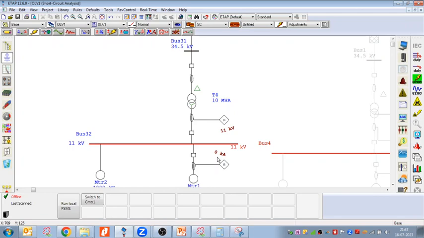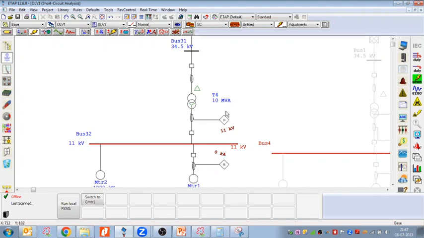It means that this CT and the relay could not sense the fault current. Even though the fault current is flowing, it could not be detected by the relays and the CT, because there is no return path to flow the current back to the source. Here we can put the CT on the neutral, and that neutral current transformer can sense that current.